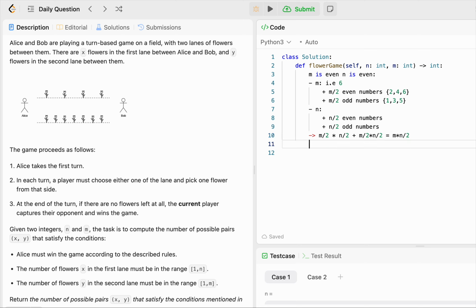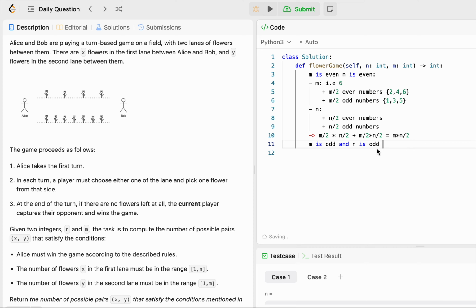Okay, so another case is what if m is odd and n is even? For now we will consider the odd first.